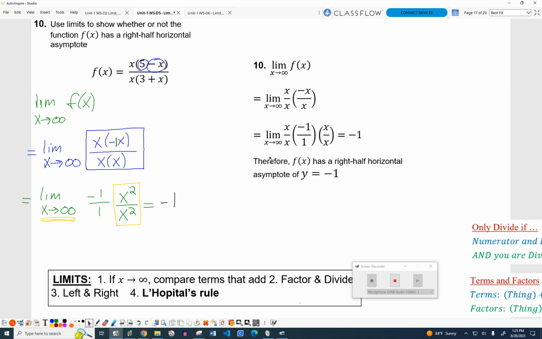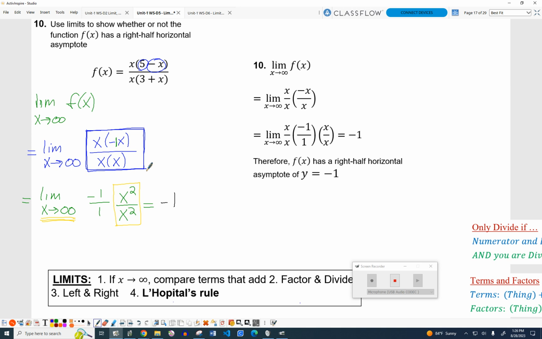Yeah, please, Lauren. How did you know to take the negative 1 out? Once I have factors only, I always find it useful to separate constant factors like negative 1 from the variable factors like x.